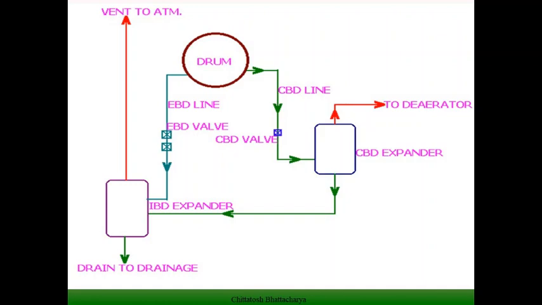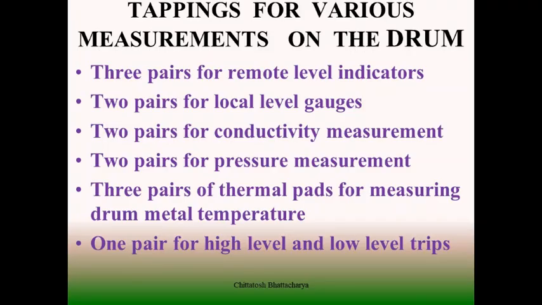Generally we prefer to have 2 ppm, and nowadays with the RO system we do not require chemical dosing in the drum, and RO has better control over the entire system of demineralizing and water quality monitoring.